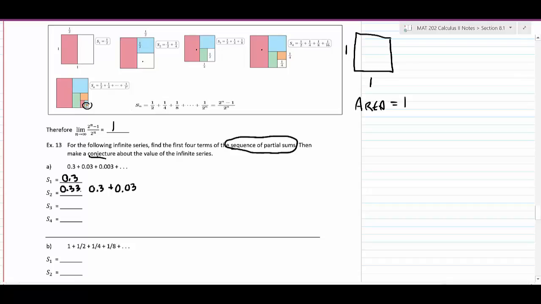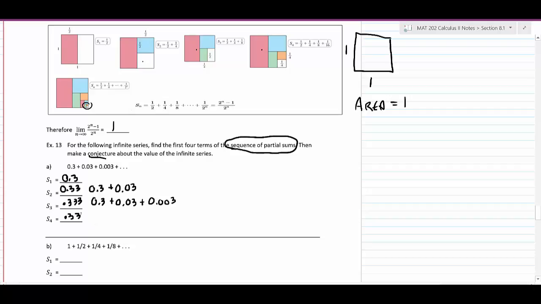0.33. Okay, like that. Then when we go to S of 3, you're going to add the first 3 terms of that infinite series. When you do that, you're going to have 0.333 like that. You guys see what I'm doing? Okay, that's called a sequence of partial sums. When you go to the next one, you can tell what you're going to get.